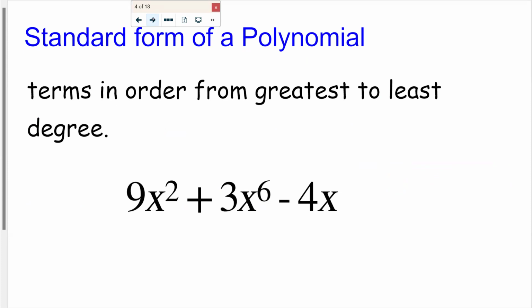All right, so how do we get something into standard form of a polynomial? Standard form means terms in order from greatest to least degree. And our degrees are our exponents, okay? So we want the biggest exponent listed first, and then the smallest exponents listed last.